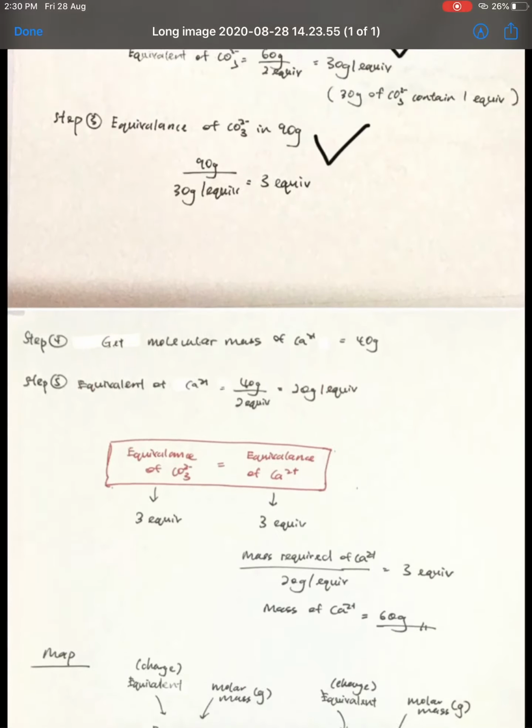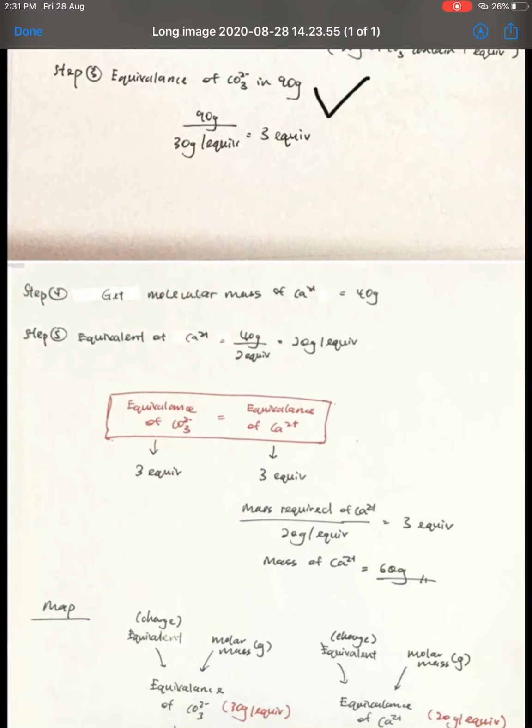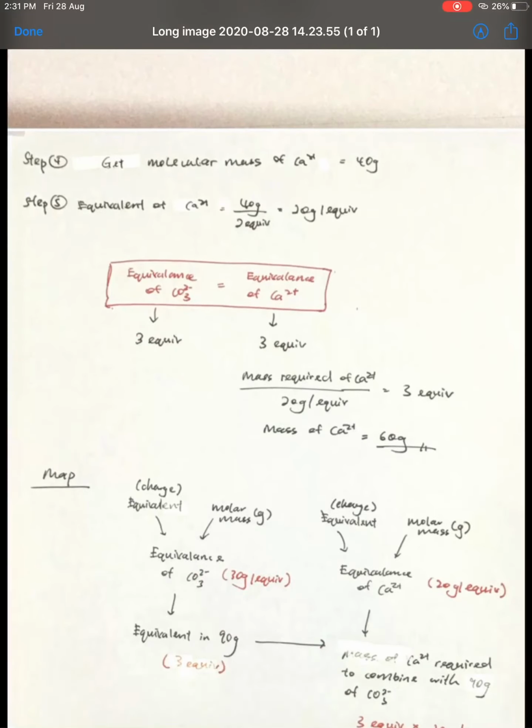So in step 3, we calculated that the equivalent of carbonate ion in 90 gram is 3 equivalent. Which means in calcium ion we need 3 equivalent as well.